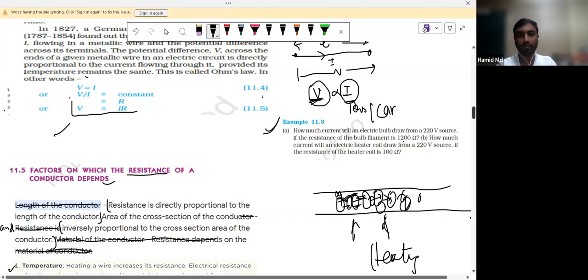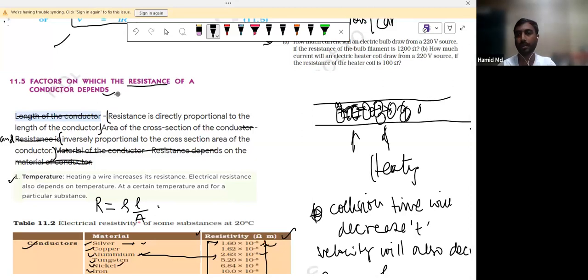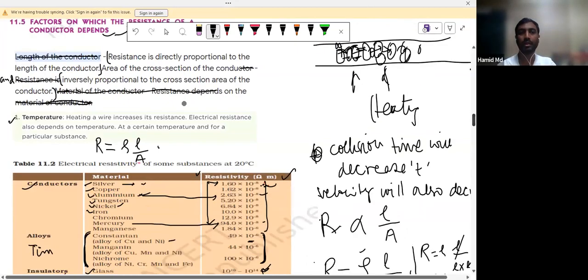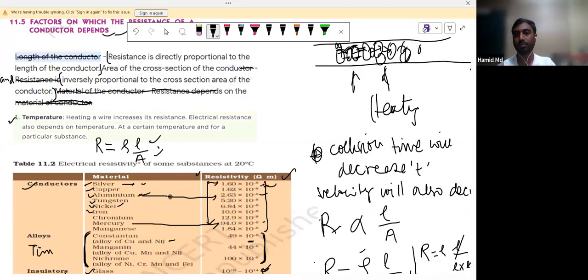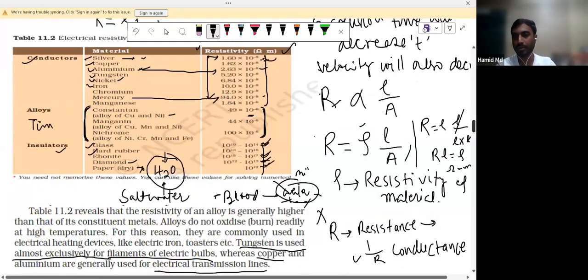Then we studied the factors on which the resistance depends. Resistance depends upon the length of the wire and is inversely proportional to the cross-sectional area, right? Now I'm going to make you aware of how this happens.